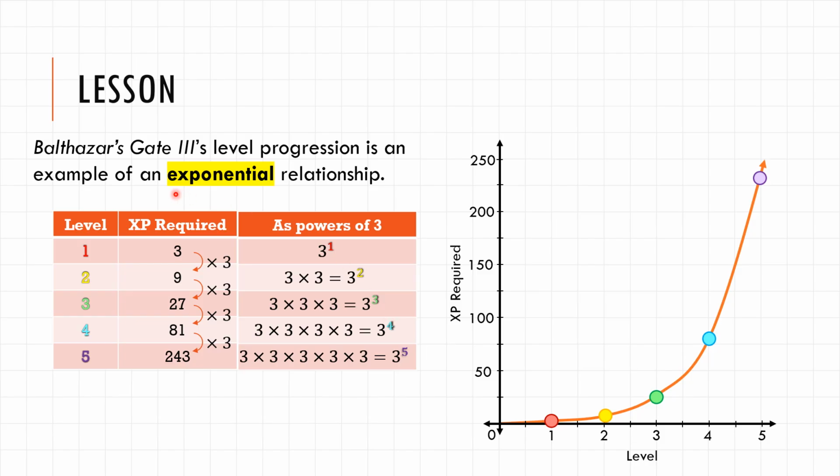That's why we call this an exponential relationship, because when we change the independent variable, that independent variable is in the exponent of a power. And as that exponent increases, we can see that the XP required is increasing faster and faster. It starts out increasing very slowly. The graph is very flat, and then it ends up going up really, really sharply, really quickly.